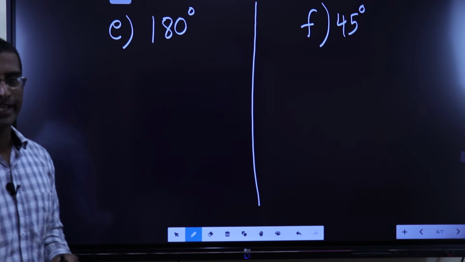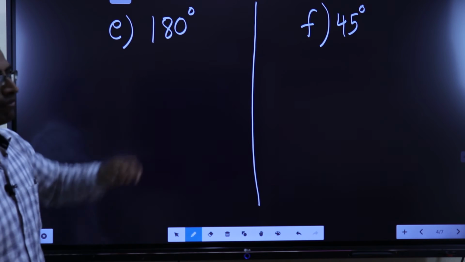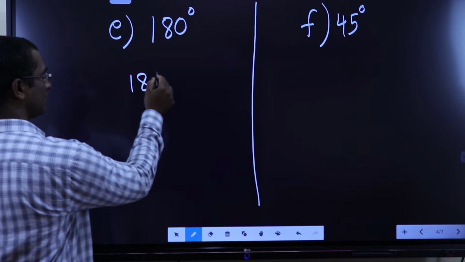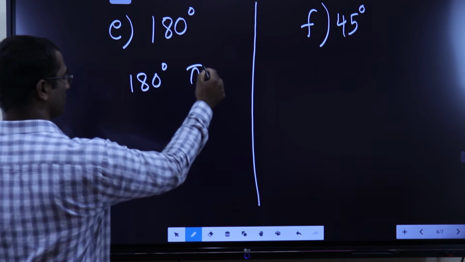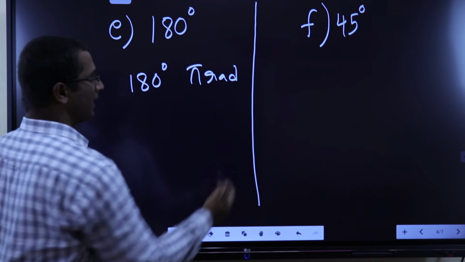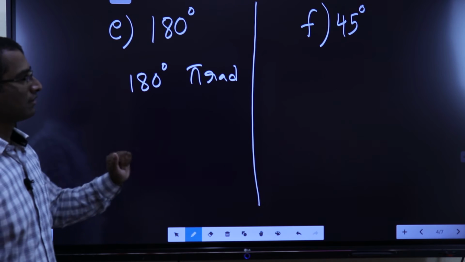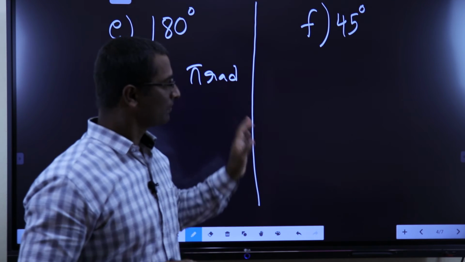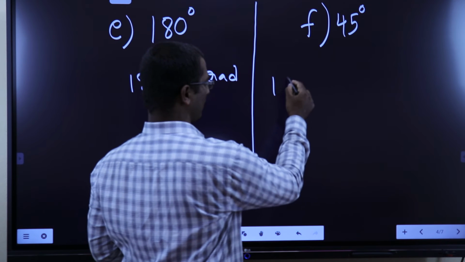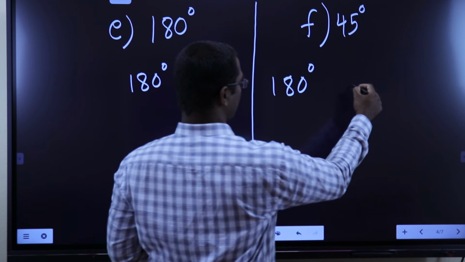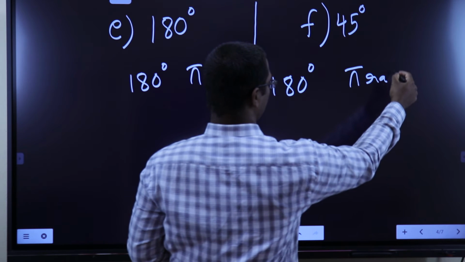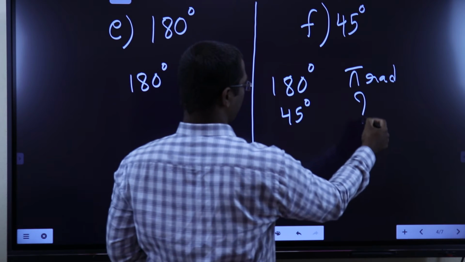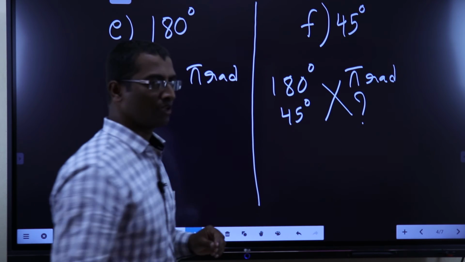Let us see two more examples. If I want to convert 180 degrees into radians, we know 180 degrees is already pi radians. So I can write it directly. Now second thing, if I want to convert 45 degrees to radians, write the first line again. 180 degrees is pi radians. So 45 degrees, how many radians? Question mark. Cross multiply.